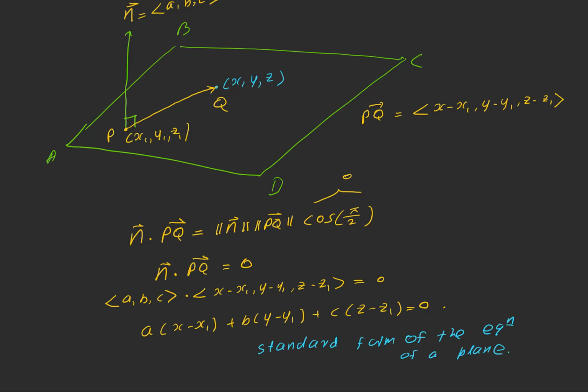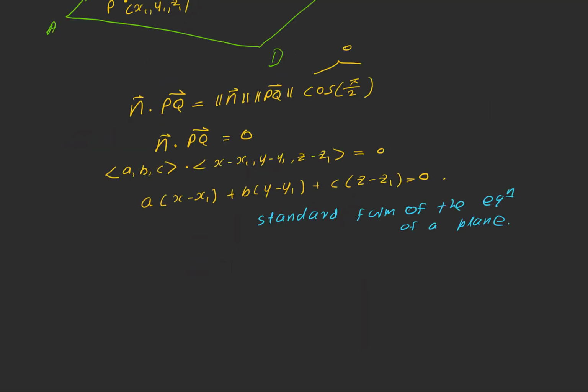Again, as a summary, we know this point P, x1, y1, z1. We know that point and we know the normal vector to the plane. Then we can find the equation of the plane using these steps. Now, you see we can simplify this as ax plus by plus cz minus ax1 minus by1 minus cz1 equals 0.